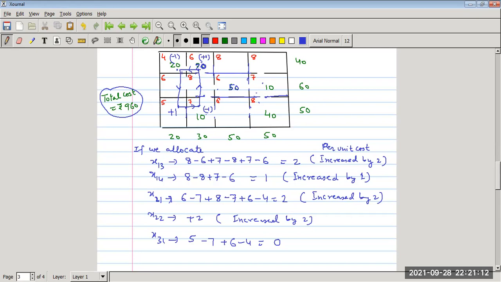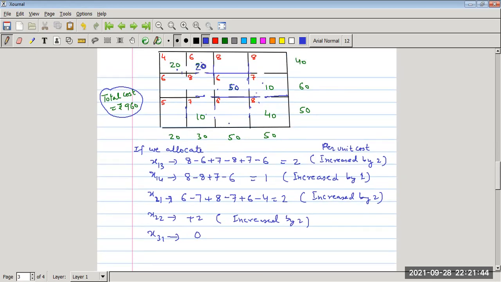If we get 0 value, it means we get another choice, an alternate method to send the items. So yes, we prefer this allocation. So x31 we get 0. In this there is no change in the cost.